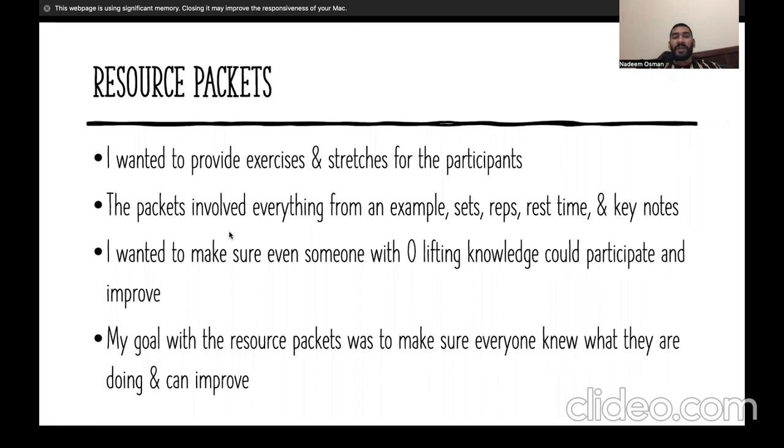I want to make sure even someone with zero lifting knowledge could participate and improve throughout this challenge. The packets were set up where participants can try a single exercise or use the packet as a whole for the workout. My goal with the resource packets was to make sure everyone knew what they are doing and they can improve in the challenge and hopefully be the winner of the challenge.